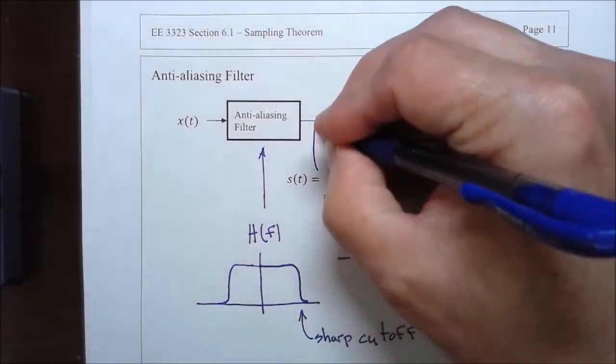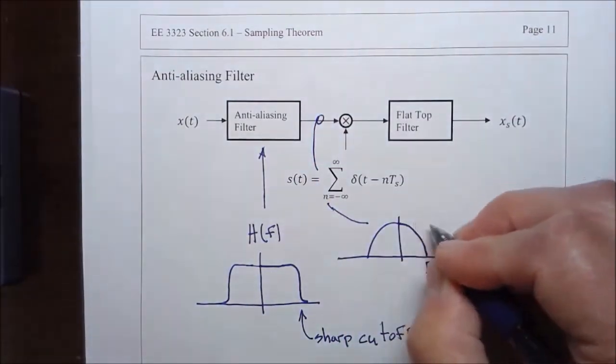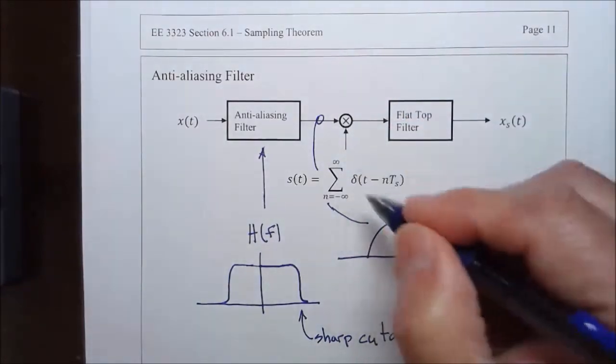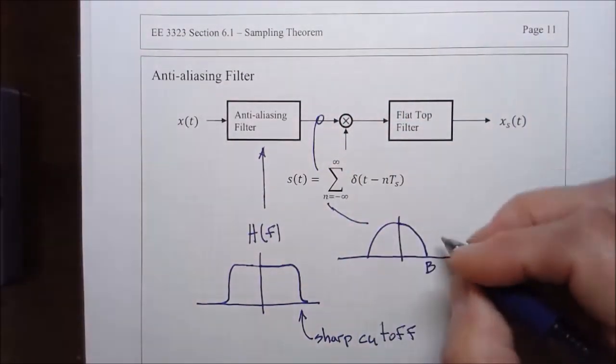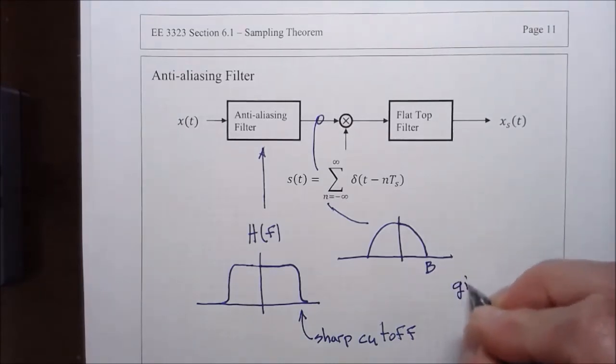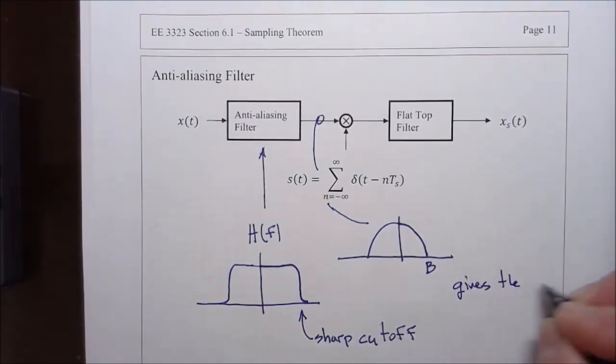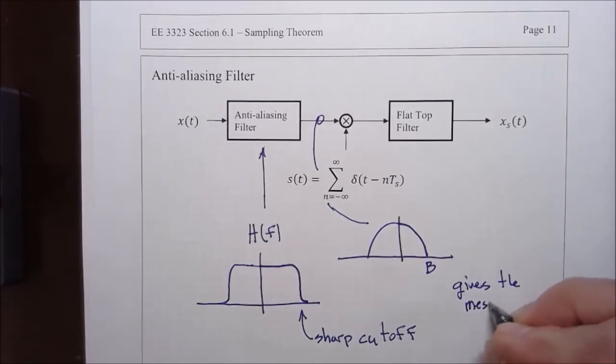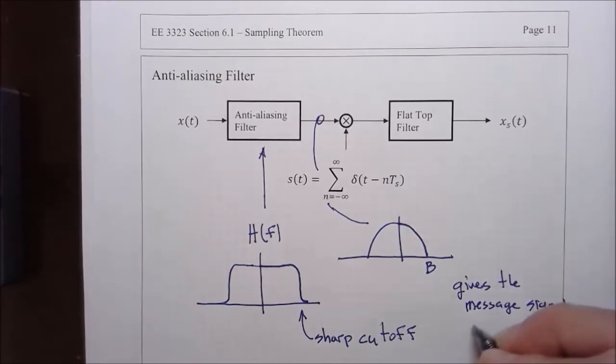This is the spectrum of the signal that's going into the mixer. It gives the message signal a sharp band cutoff, a sharp bandwidth, band limit. I'll write it that way.